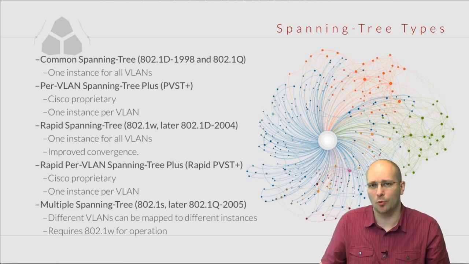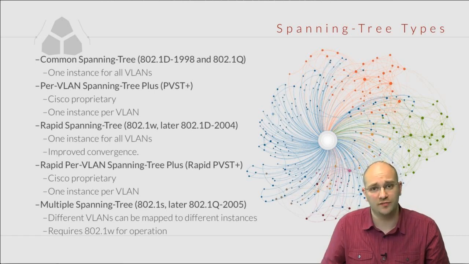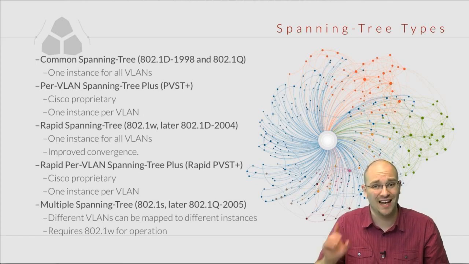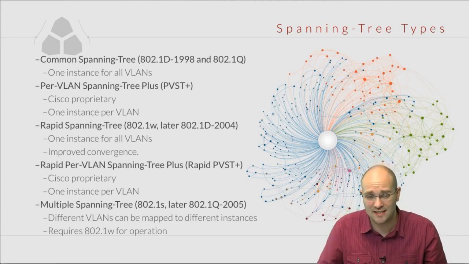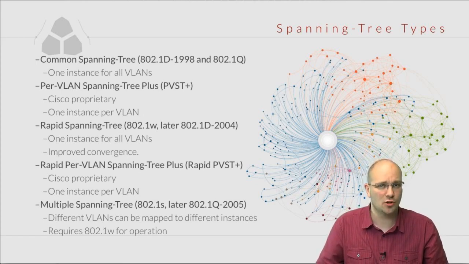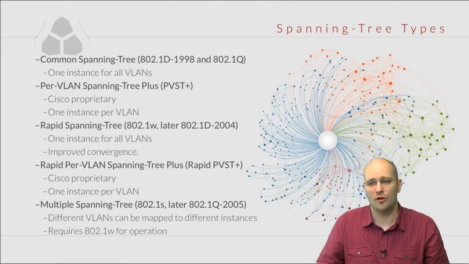The way this protocol works is we have a single instance for all the VLANs in our network. If we have 256 VLANs, we are going to be using a single spanning tree instance. This is the protocol that Cisco doesn't directly support on their switches because they thought that it was an inefficient way of using the resources in the network.